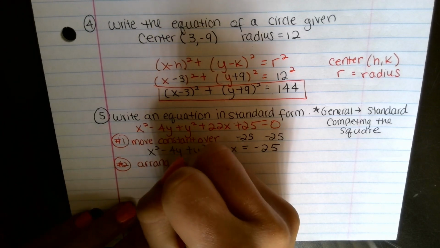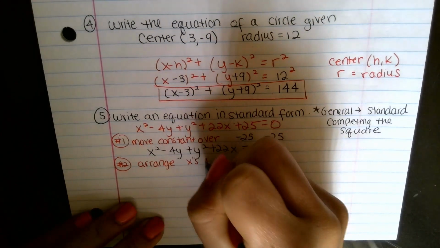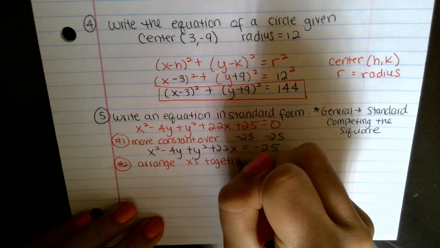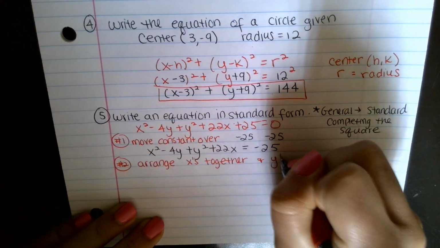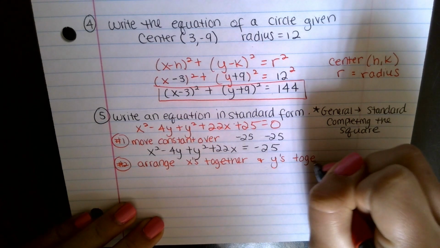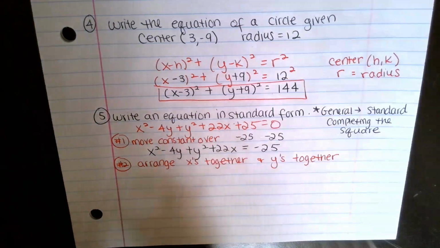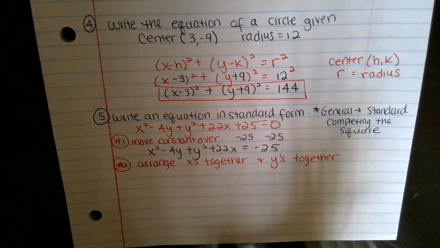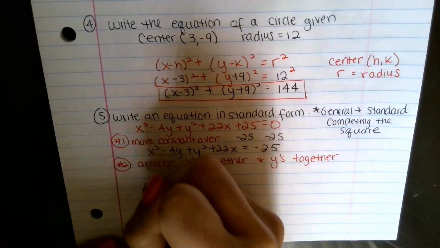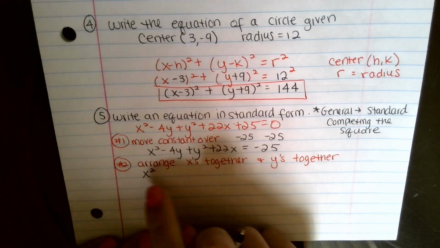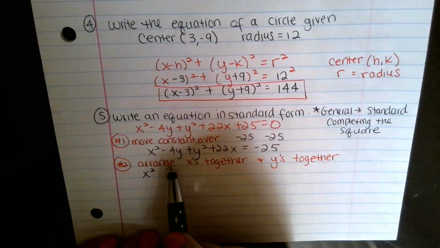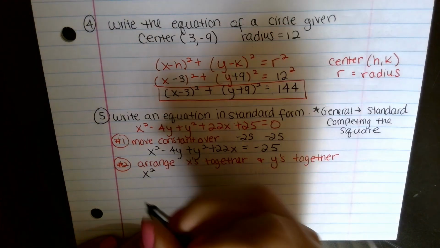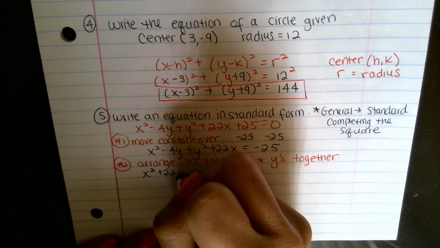Arrange x's together and y's together. So I'm not changing sign because all I'm doing, I'm just making them next to each other. So I'm going to have x squared. So always have the squared first. The other x I see is 22, so plus 22x.